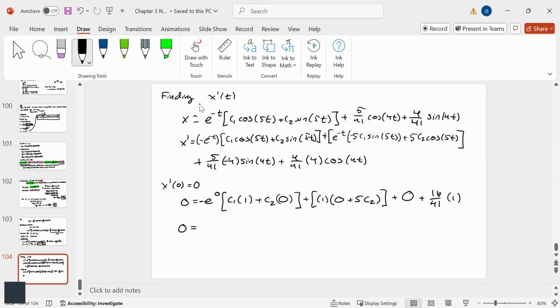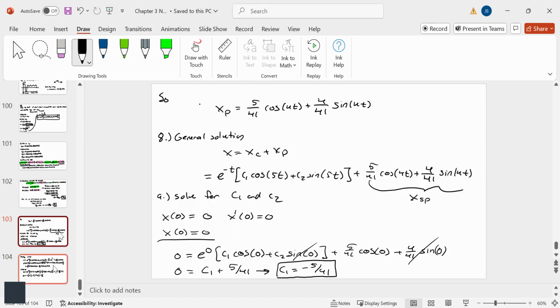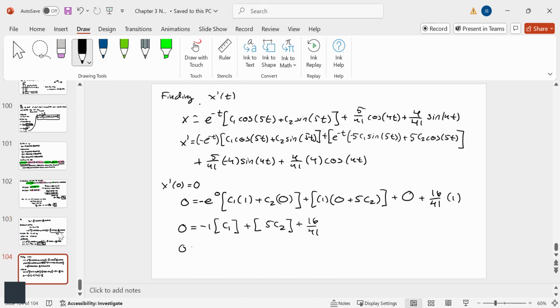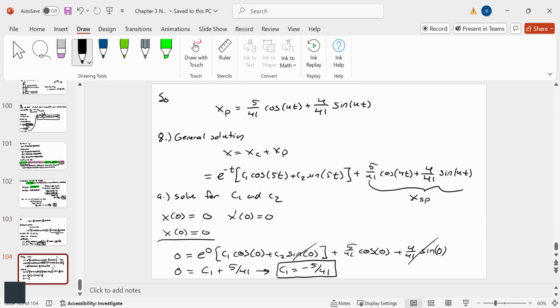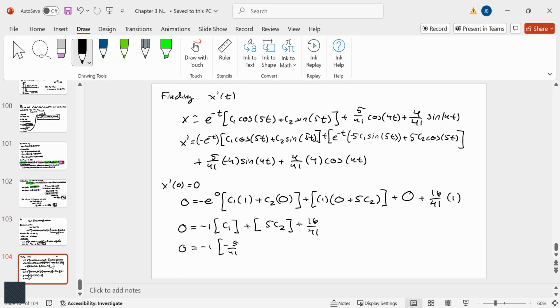So then 0 is equal to negative 1 times c1 plus 5c2 plus 16 over 41. We know what c1 is. c1 was negative 5 over 41. So 0 equals negative 1 times negative 5 over 41 plus 5c2 plus 16 over 41.